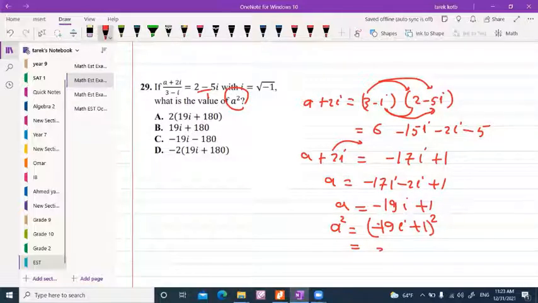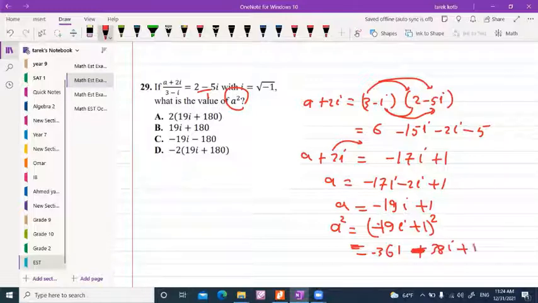Why is it negative? I have to put it negative because i times i is negative 1, and the square of the negative is positive, so the i will remain i squared. And the first times second times 2 will be negative 19 times 2 equals 38i, and then 1 squared equals 1.